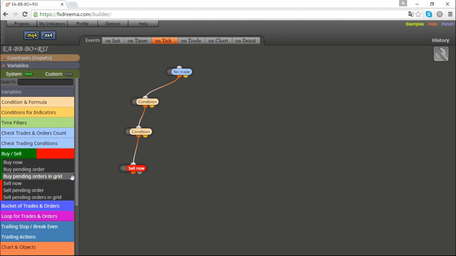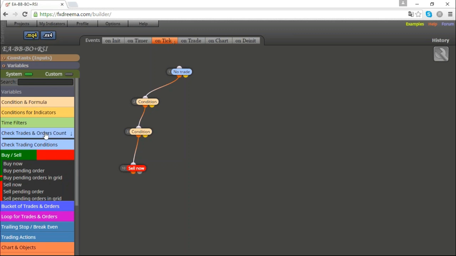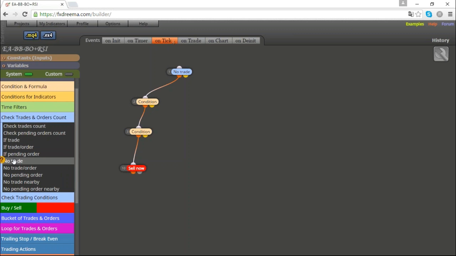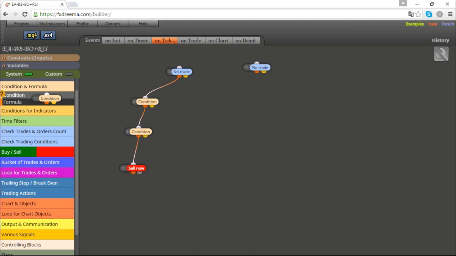You just drag and drop stuff here. Let me show you, for example, you say I don't have a trade. That's a rule, right? You see, I just drag and drop it from here. If there is no trade, I'll put in a condition, right? And I will connect them. You see that?